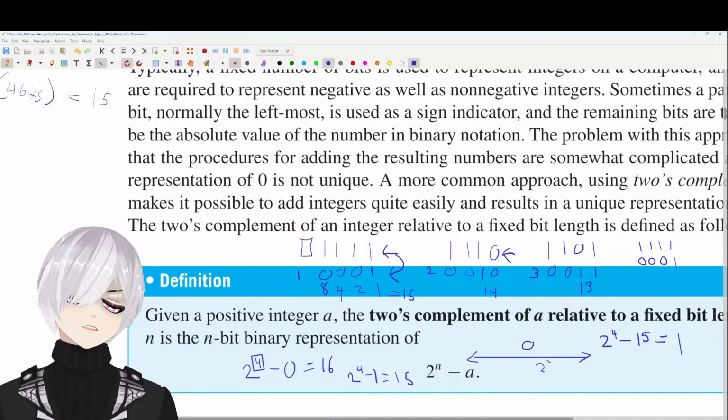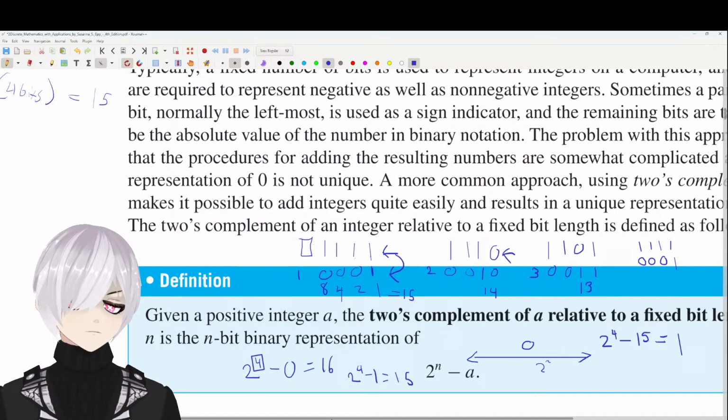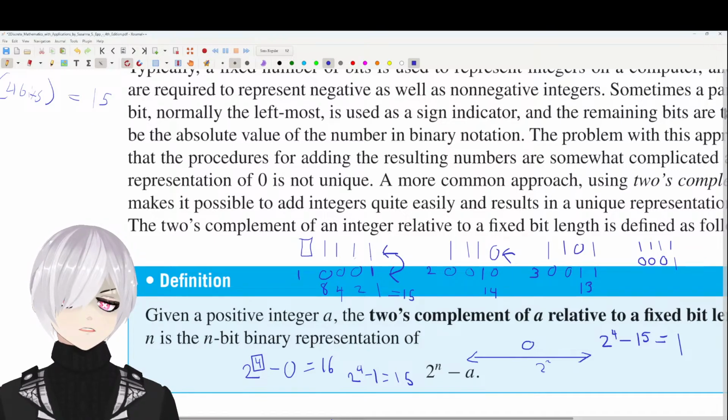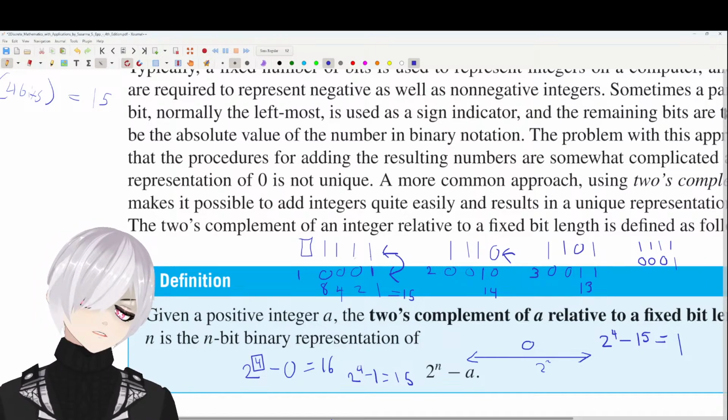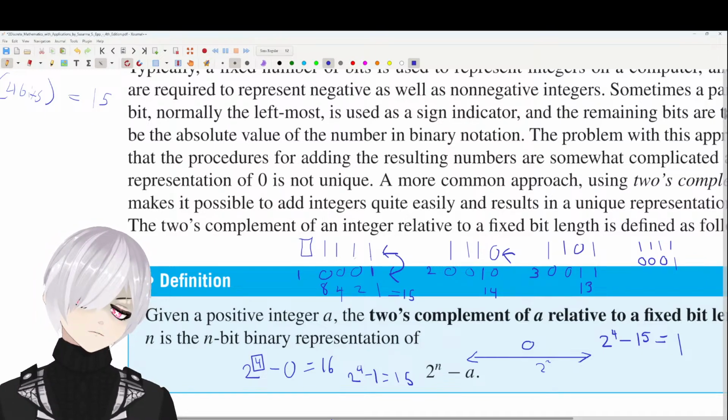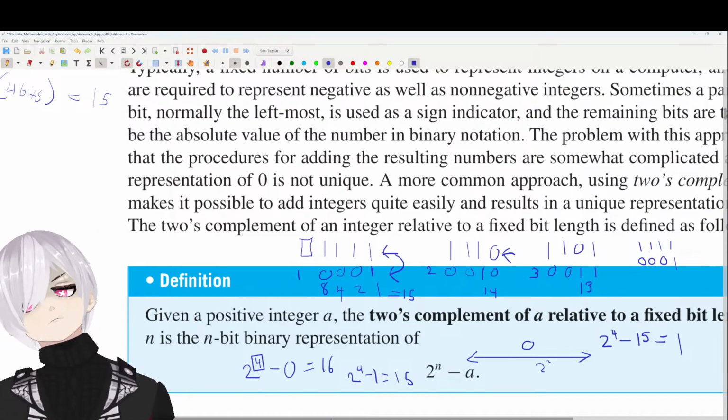True, but how would you represent 2 to the n with bits? Well, with this method, you represent it as whatever its 2's complement would be. So you would represent 2 to the n as 0, and if you had 5 bits, that would be 0, 0, 0, 0, 0.